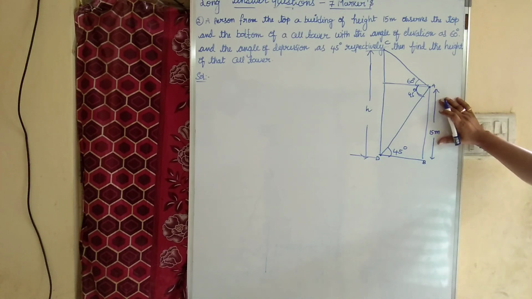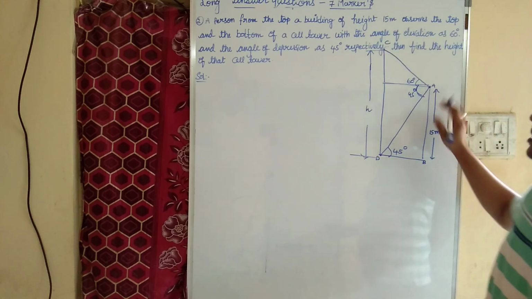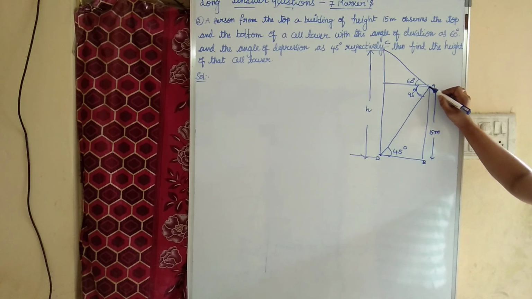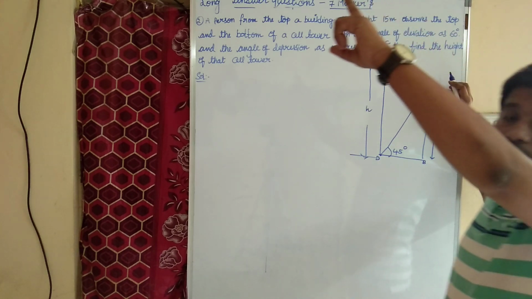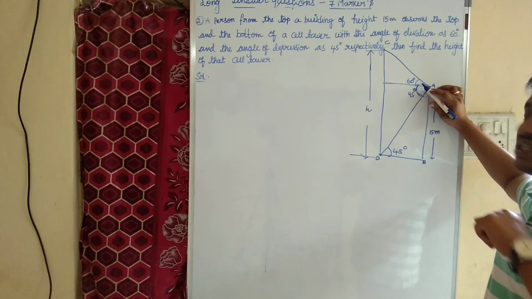AB is the height of the building, which is 15 meters. What about CD? CD is the height of the tower. And the person is on the top of the building. From the top of the building he is observing the cell tower with an angle of elevation 60 degrees.